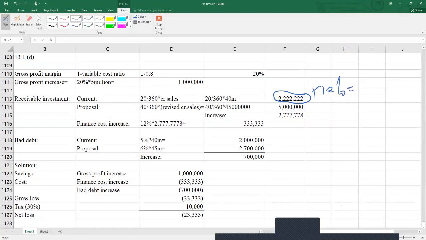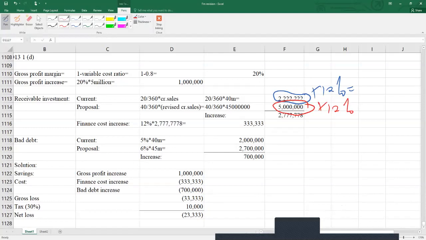So there's a return you pay to them, a finance cost you pay to them. 2 million times 12%. Clear? After we make the proposal, how much do you require? You require 5 million. So you're going to go to the bank, for example, and borrow 5 million. Therefore, you pay how much?